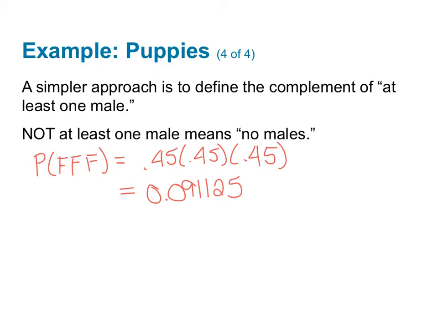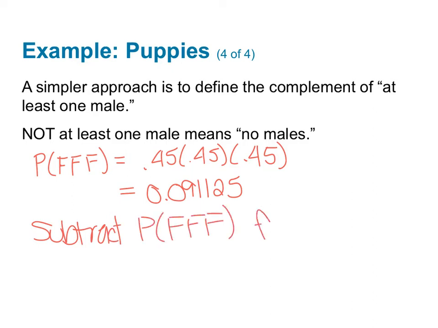Now, female, female, female is the only way to get not at least one male. Every other situation is at least one male. So that means that we actually can subtract the probability of female, female, female from 1.